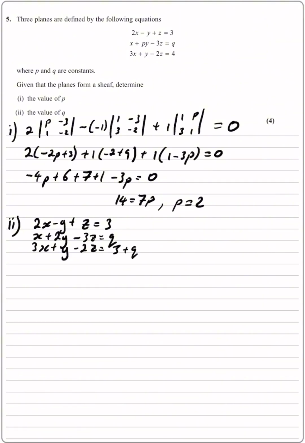And if I compare that with the third equation, 3x plus y minus 2z equals 4. Well, from that we can see that we're going to get a sheaf when q is equal to 1. If it's not, then we're going to have something very different. So q equals 1.